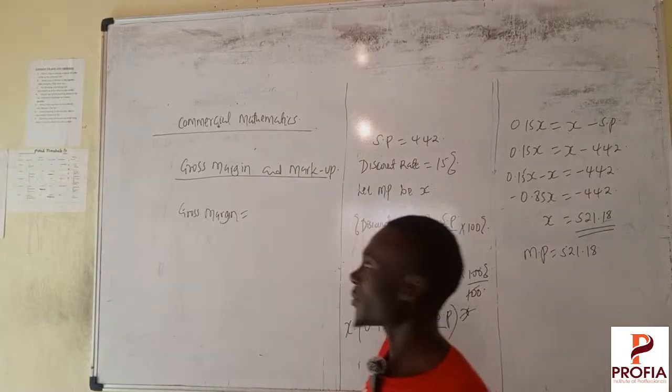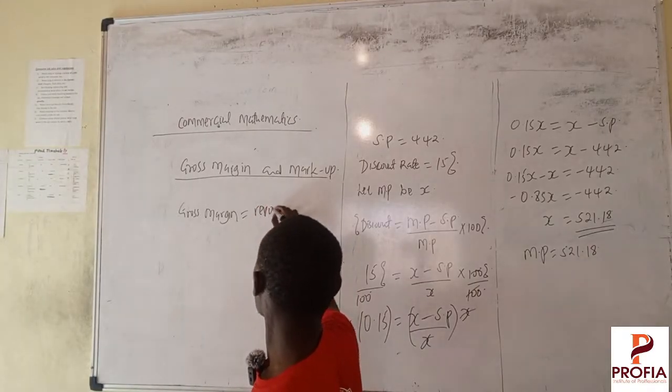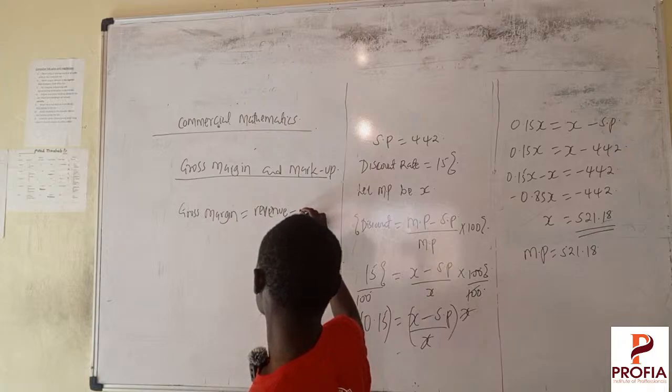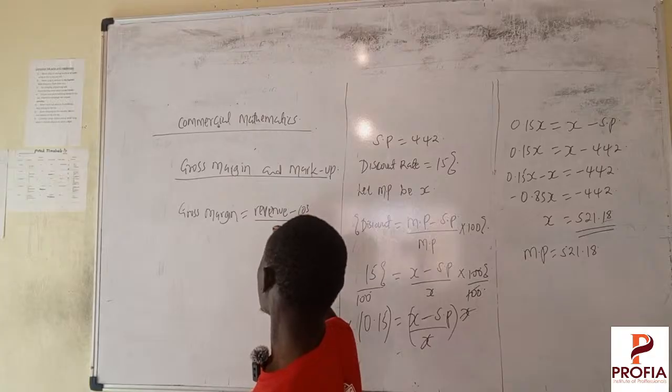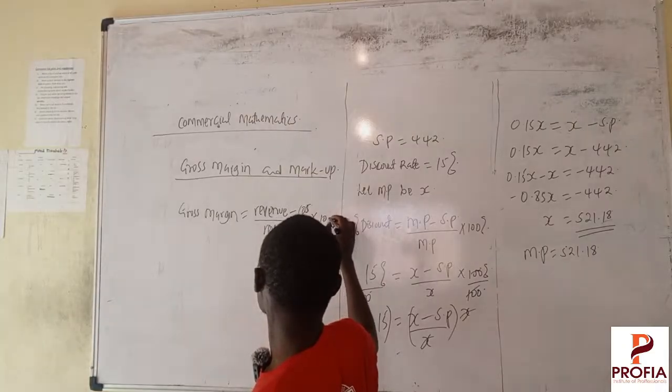It means you take the revenue minus cost of goods sold, all over revenue, times 100%.